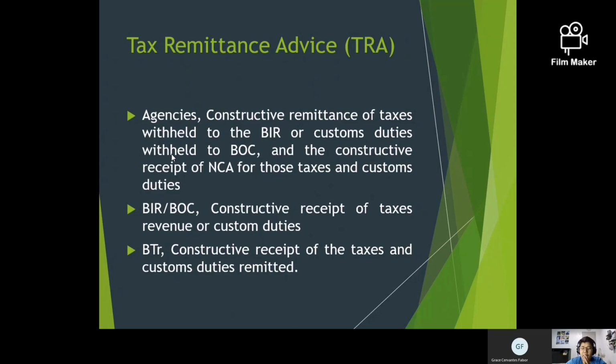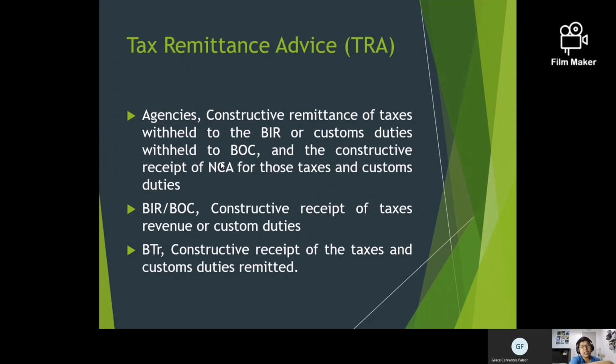So, ang TRA, ginagamit po yan kay BIR at saka Bureau of Custom in the constructive receipt of NCA for those taxes and custom duties. Ito yung as if naka-receive ka ng NCA pero pambayad lang siya ng tax remittance advice. In the books of BIR or BOC, it is a constructive receipt of tax revenue.